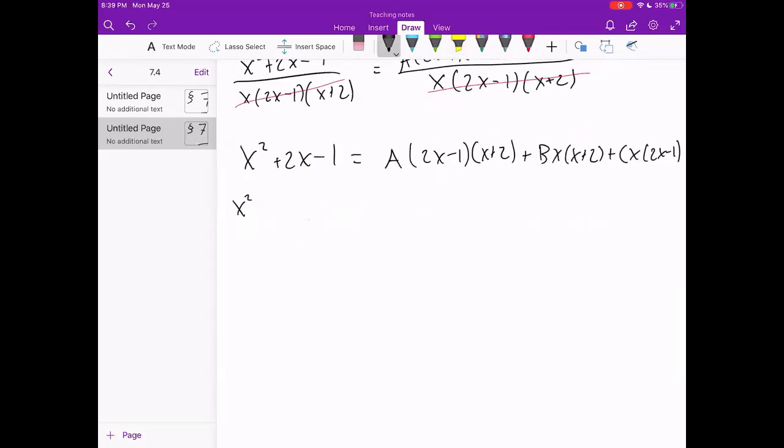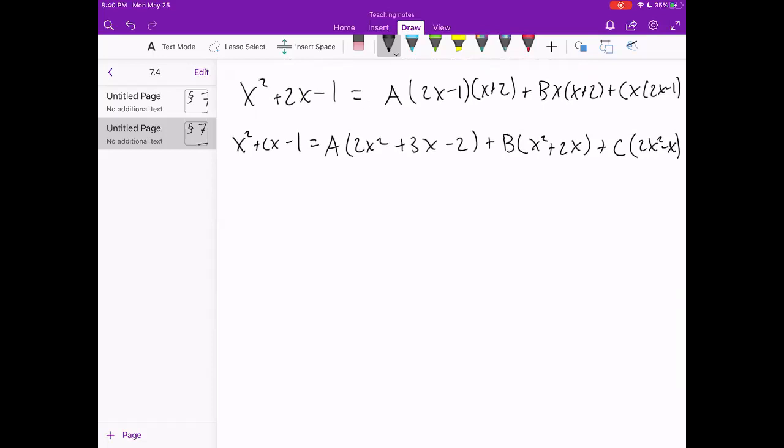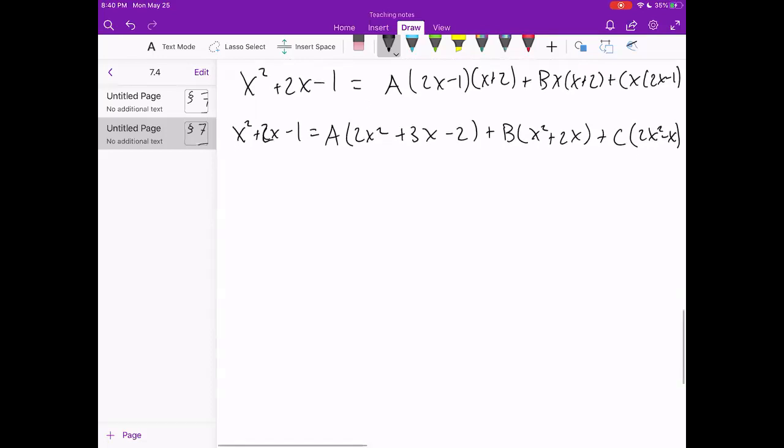I have x squared plus 2x minus 1 equal to A times, if I multiply this out, 2x squared plus 4x minus x, which is plus 3x minus 2. And B times (x squared plus 2x) plus C times (2x squared minus x). There are faster ways of doing this. I just want to show every step here.